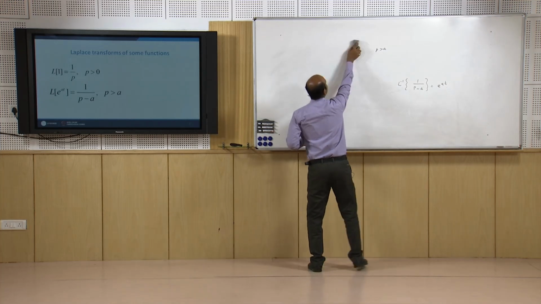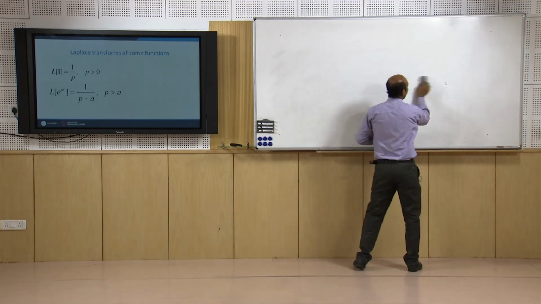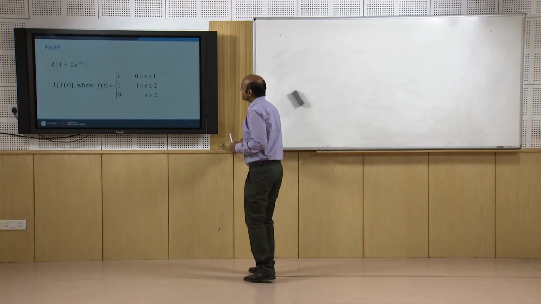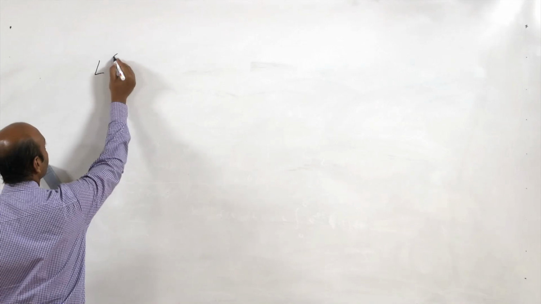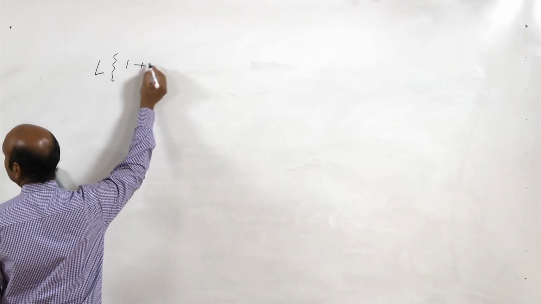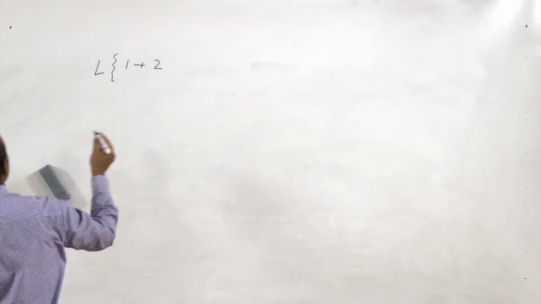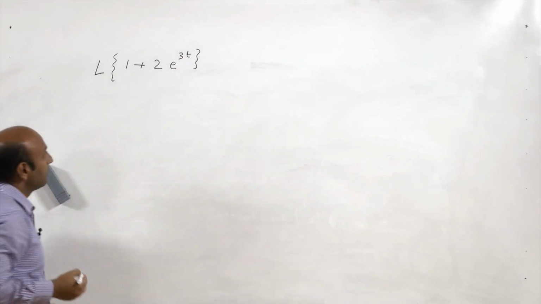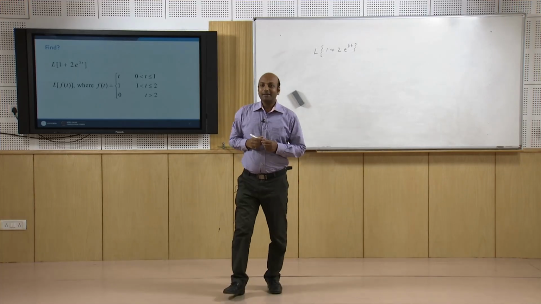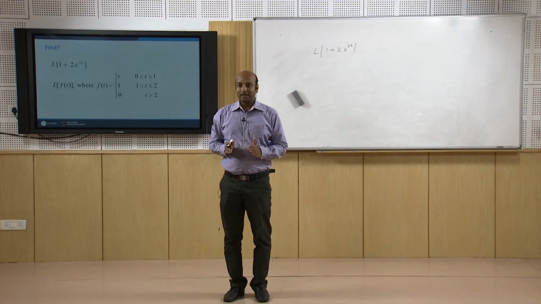Now let us try to find out Laplace transform of some function. So let us try to find out Laplace transform of 1 plus 2 into e to the power 3t. So we know that Laplace satisfies the linearity property.